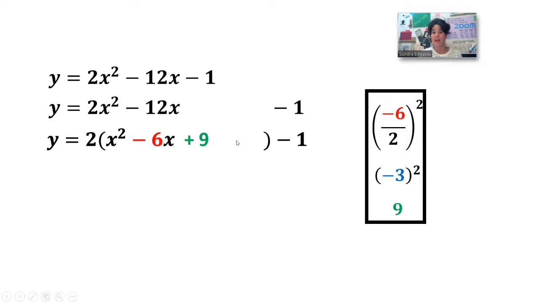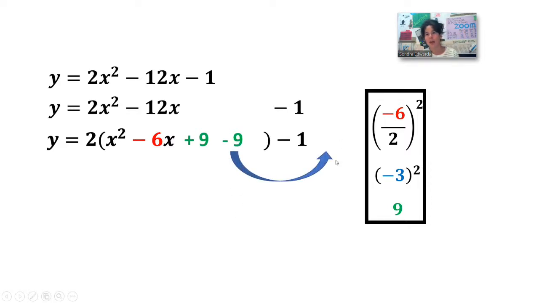But because every line has to be equivalent to the line above it, I can't just randomly put a plus 9. I have to also subtract 9 to keep it equivalent. Now this x squared minus 6x plus 9 is a perfect square, and we don't want that negative 9 inside of there, so we want to move it over here.